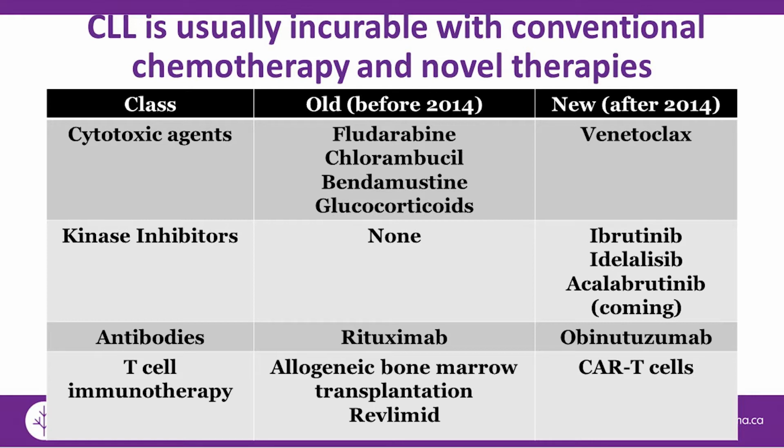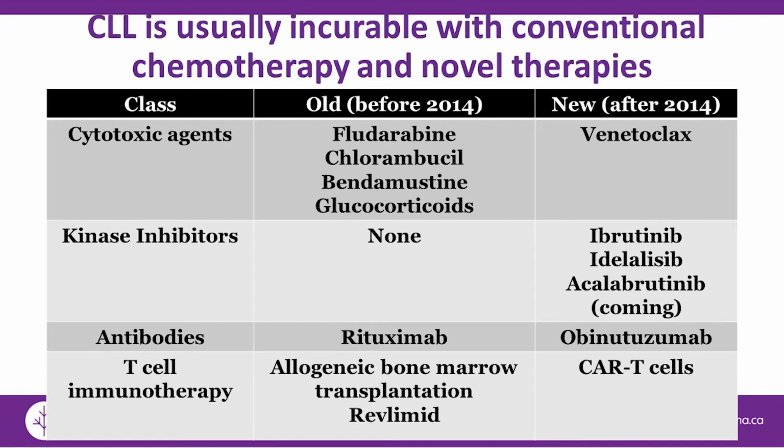I've grouped them into the ones we had before 2014 and the ones we have available to us after 2014. So one class of drugs is cytotoxic agents, and these are drugs like fludarabine, chlorambucil, bendamustine, and glucocorticoids. Recently in Ontario, we're able to use a drug called venetoclax.